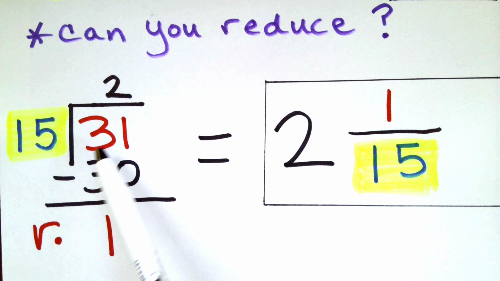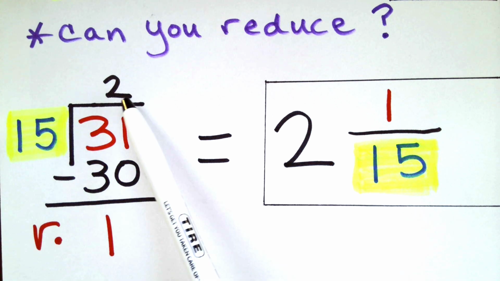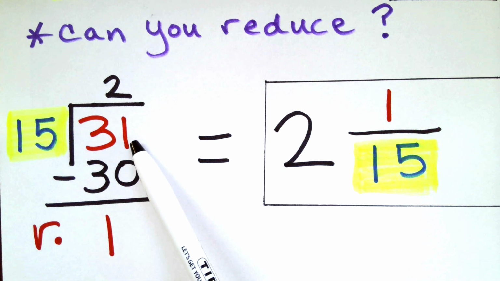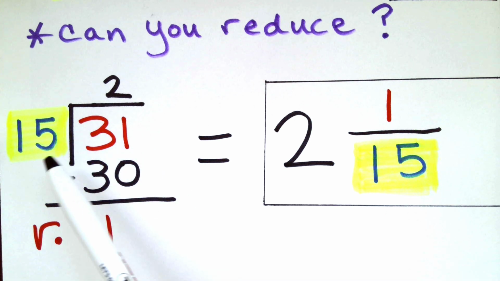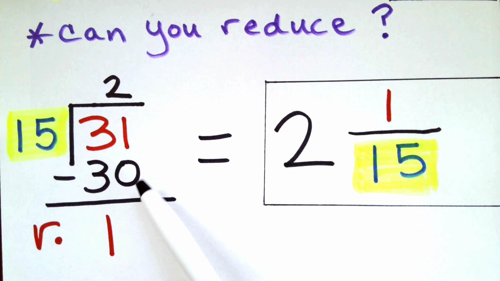So 31 divided by 15. 15 times 2 gets me closest to 31 without going over. 15 times 2 is the same as 15 plus 15. We get 30. So 31 minus 30 leaves me a remainder of 1. The number above the divisor bar is our whole number 2.